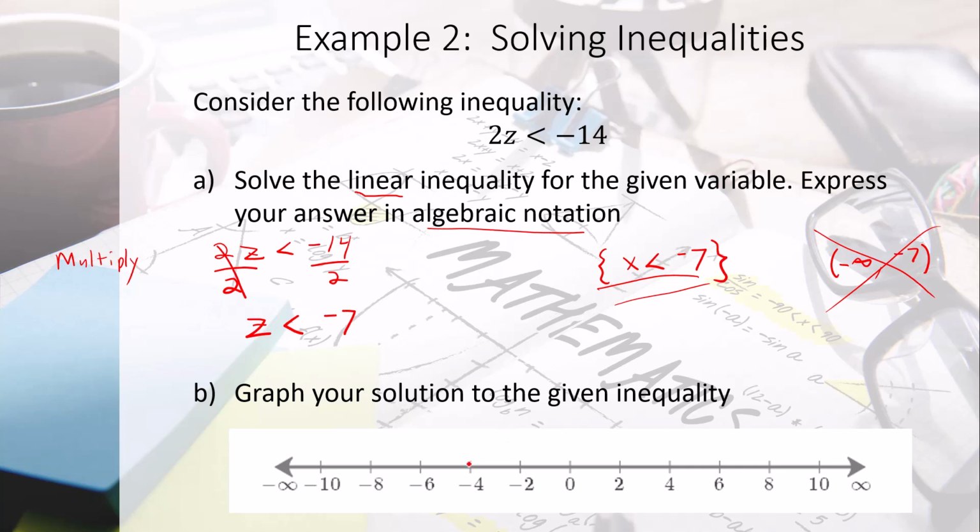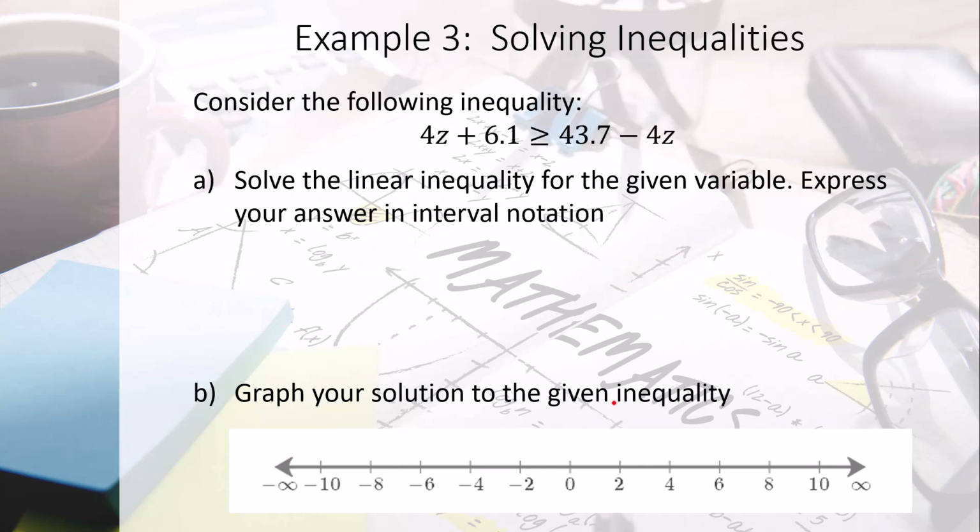Well, we are taking all values that start at negative 7 and go all the way down to negative infinity. And notice that we have a strict inequality. That implies a parenthesis. So that's what it should look like.